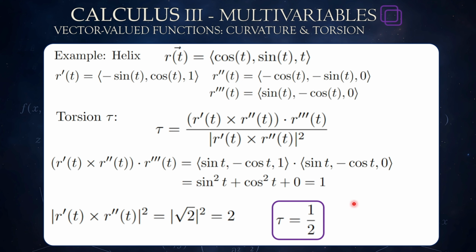So the torsion is equal to 1/2, which is equal to the curvature as well. So this curve bends in the same way, and with the same magnitude, that it twists.